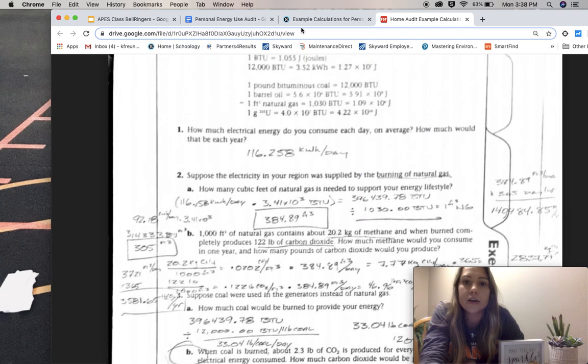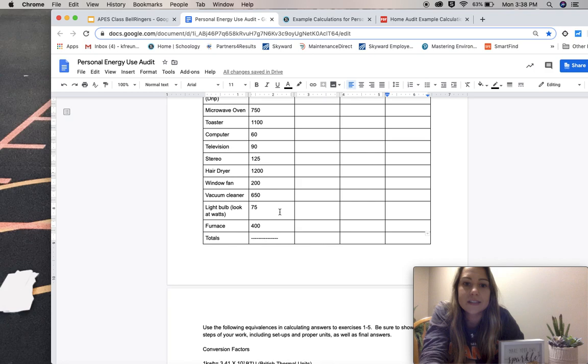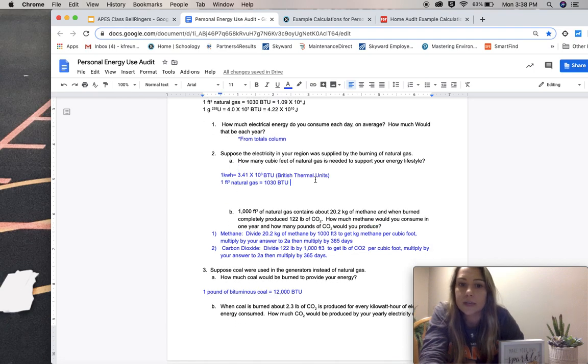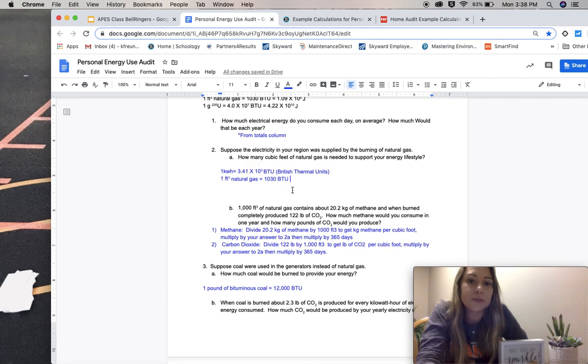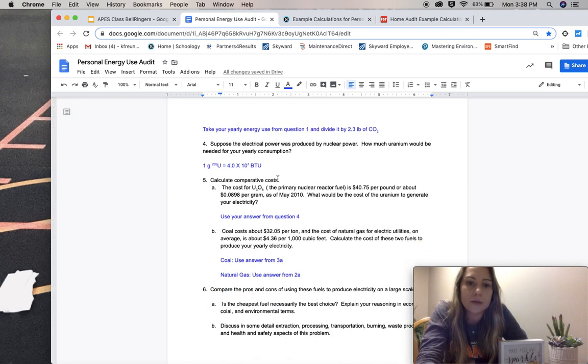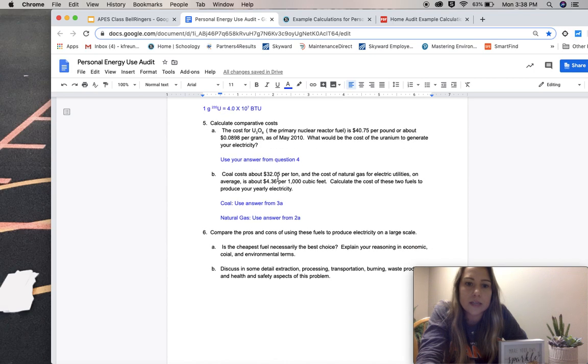I also typed in blue font some extra instructions if you're confused, or I put the conversion factors that you'll need to use to give you an idea. But I didn't want to just do all the math for you because that is part of the critical thinking and problem solving that you need to be doing here. If you have any questions, of course, email me and I will get back to you ASAP.